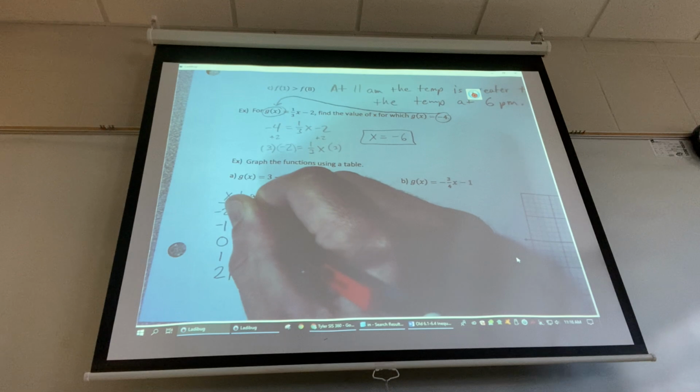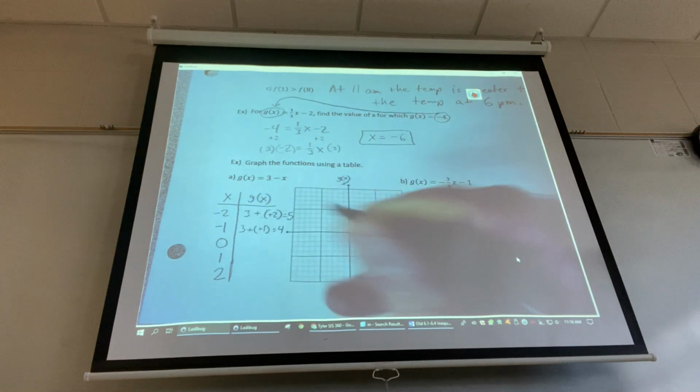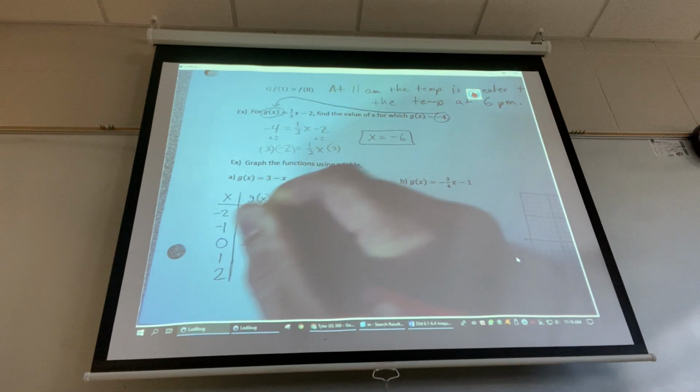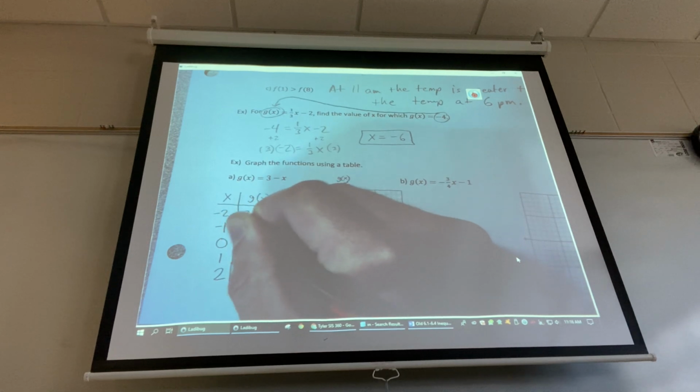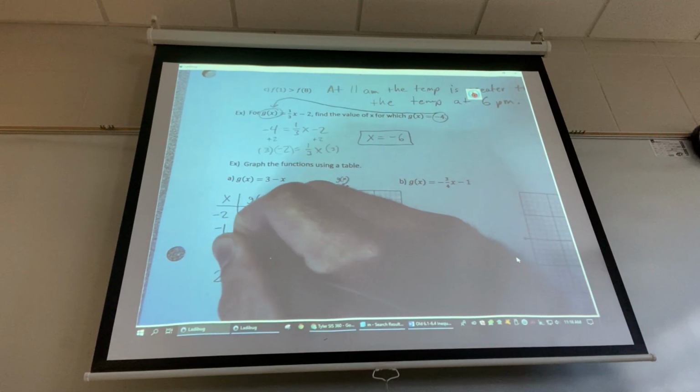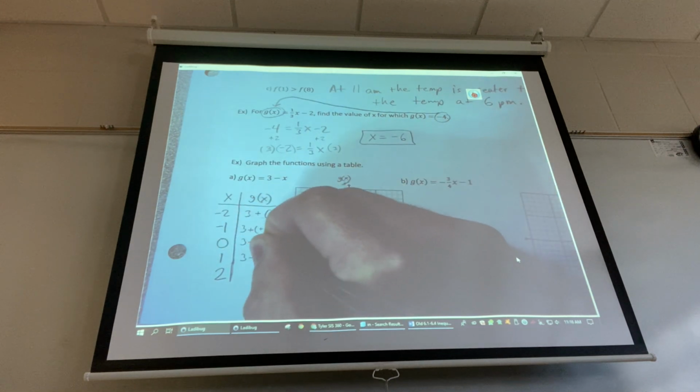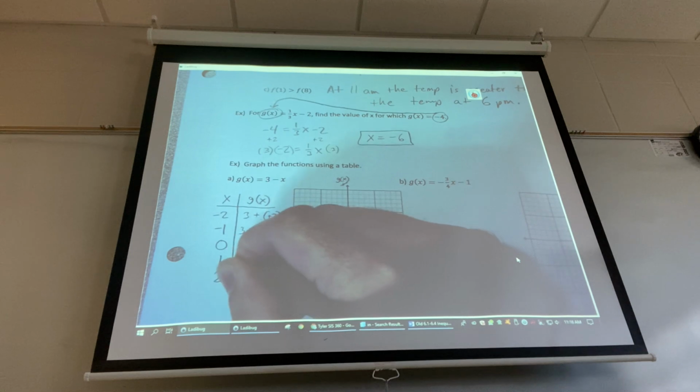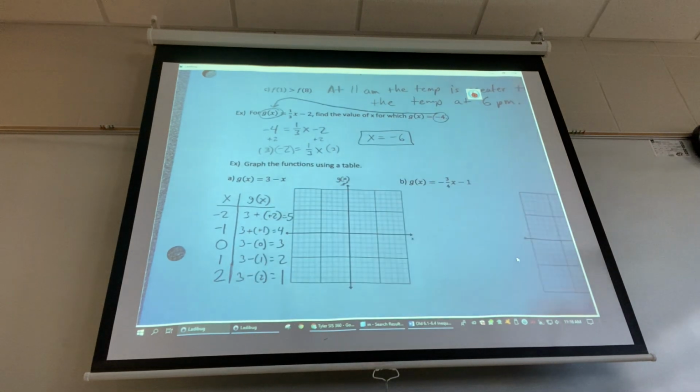Add the opposites, 4. 3 minus 0, 3. 4, 3 minus 1, 2. 3 minus 2, 1. And then is everybody clear that these are coordinates now that you can graph?